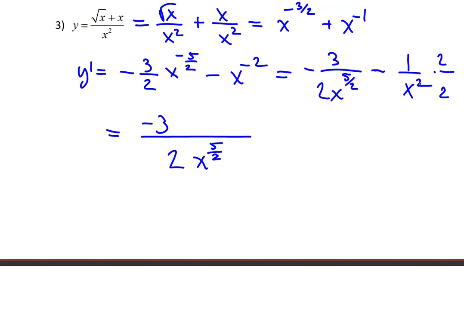If I already have 2 as the power, I'd have to add a half, which means I'd have an x to the 1/2 that would also have to throw in to make up for it, which means this new numerator is now going to be minus 2x to the 1/2. And at least now we can say that this denominator is adjusted to be 2x to the 2 plus 1/2, which is 5/2. And so we have it all matching.